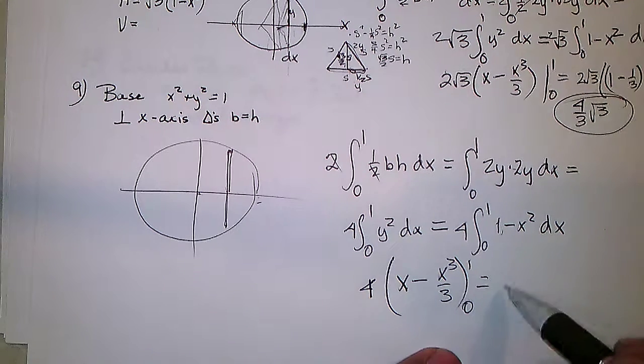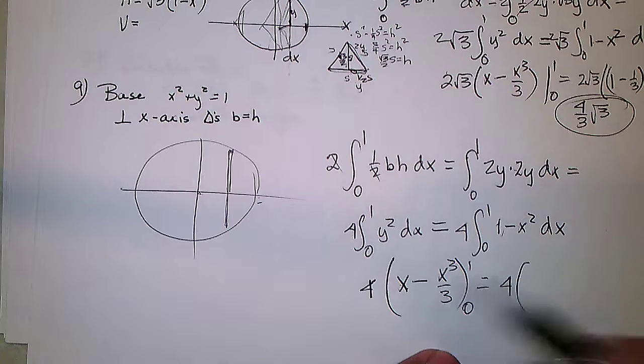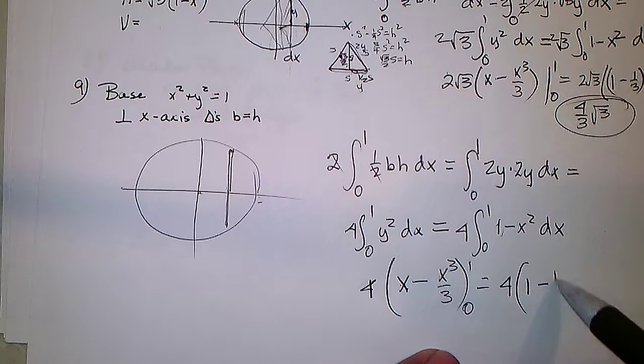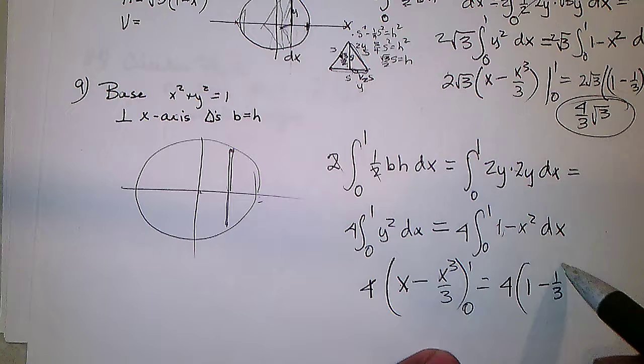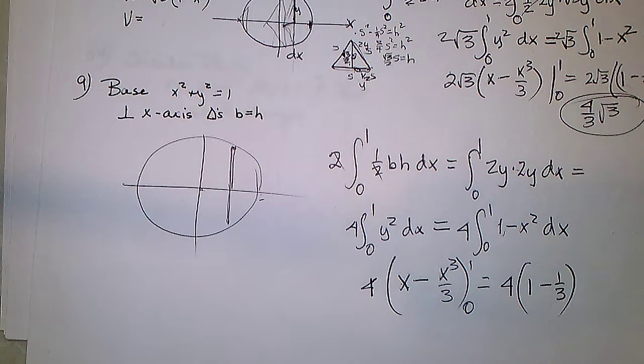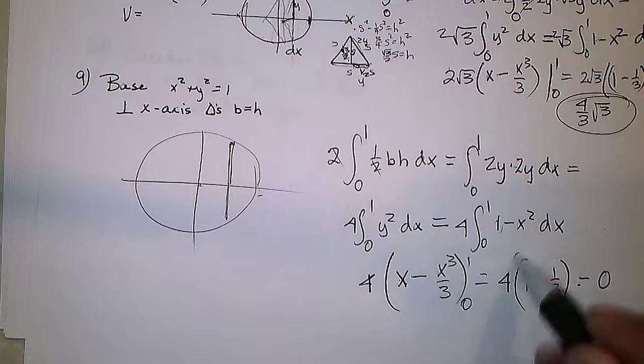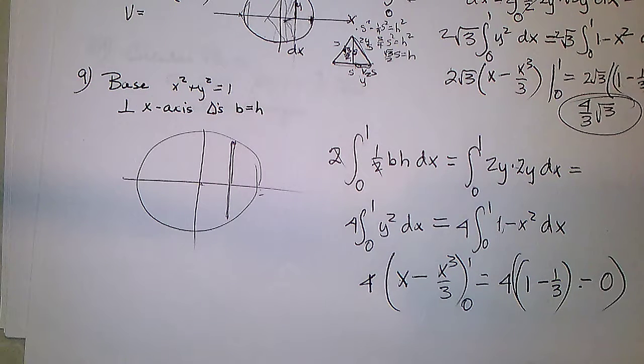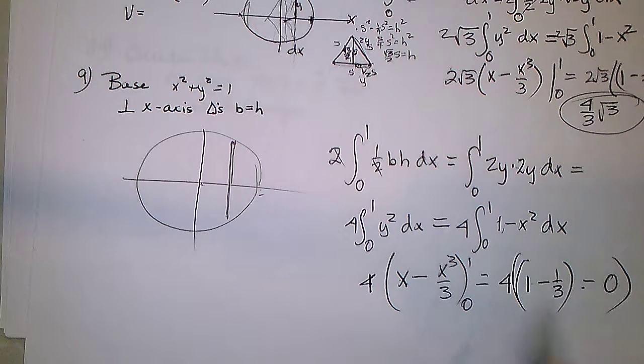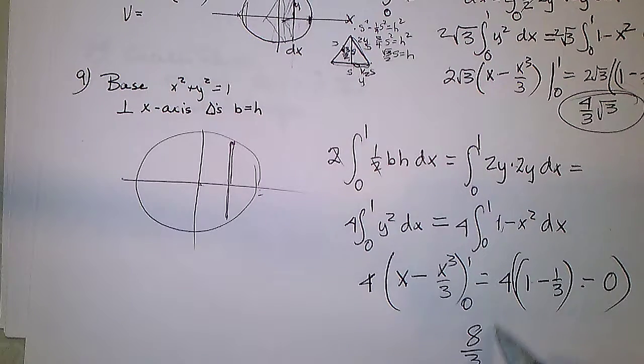So we get 4 times 1 minus 1/3, minus 0. So that's 2/3 times 4, which is 8/3.